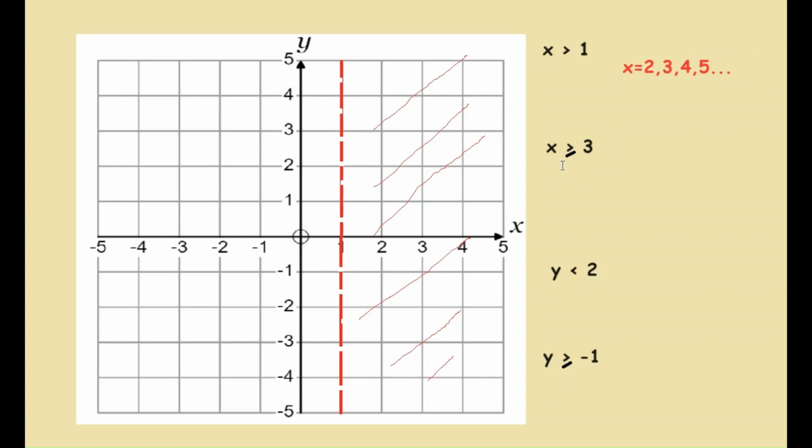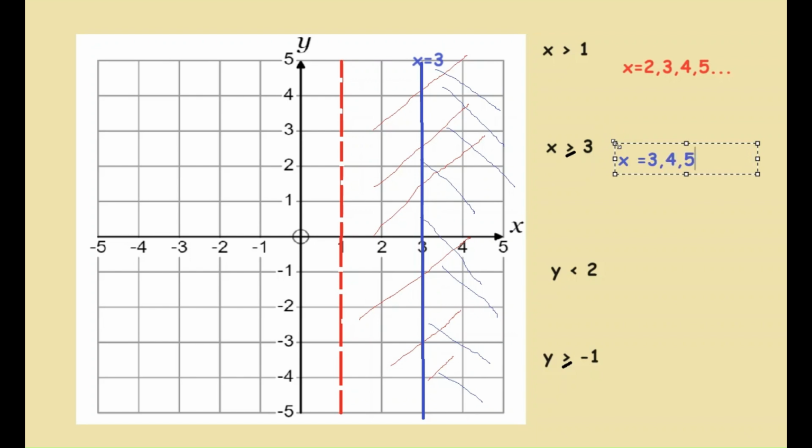Then x greater than or equal to 3. Shall we draw the straight line? Using a straight line, x equals 3, this is the straight line. Then the x values are more than 3, so the answer is supposed to include 3, 4, 5 and more values. y less than 2.